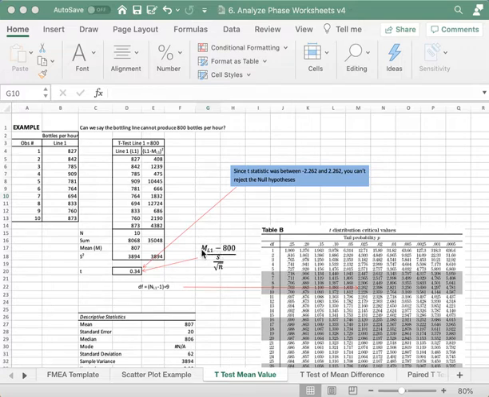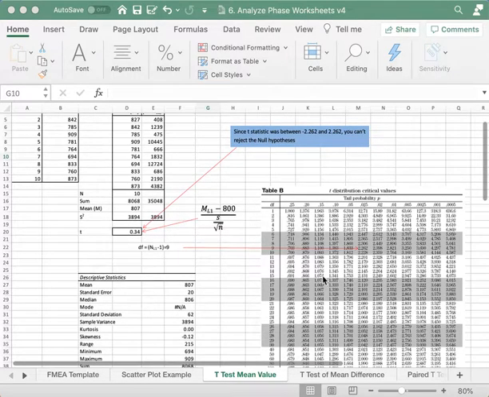This will be the average, x bar, so the average is 807. You divide by s, the standard deviation, divided by the square root of n. If you do that, you get a t statistic of 0.35.